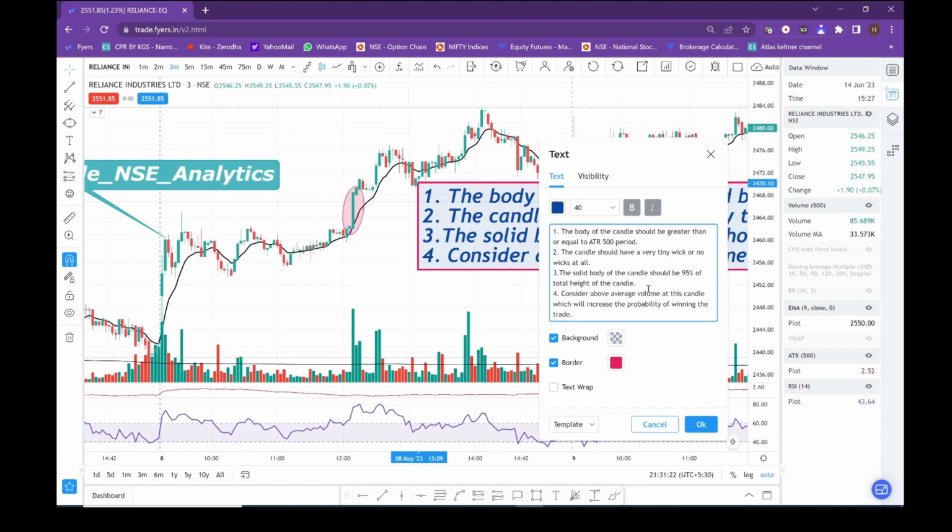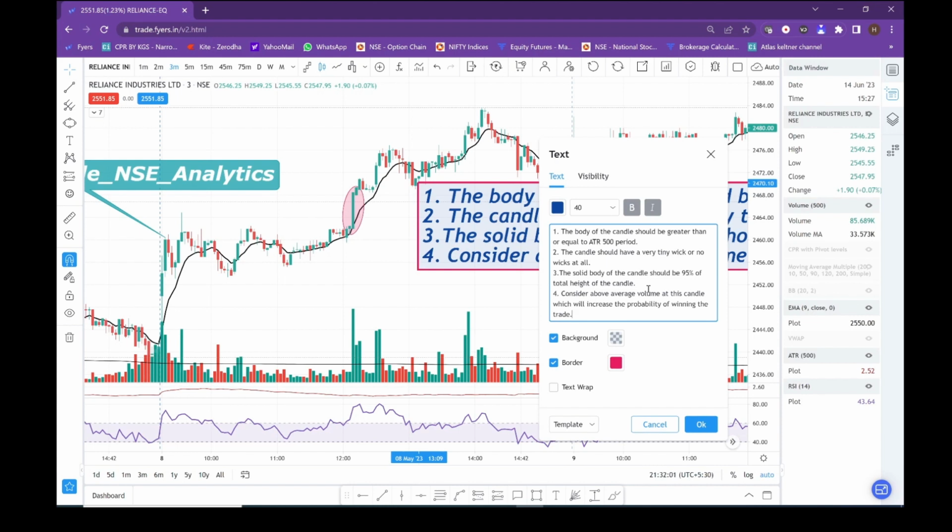If you see above average volume, that means the candle is real, the trading activity is happening, and it is not a fake candle or a candle which could have been formed due to an illiquid stock or sloppy market, where there is no trading activity and the candle shows a solid candle without good trading activity.